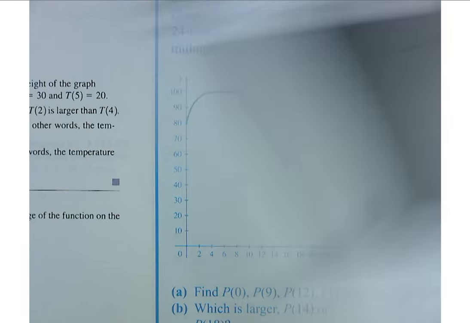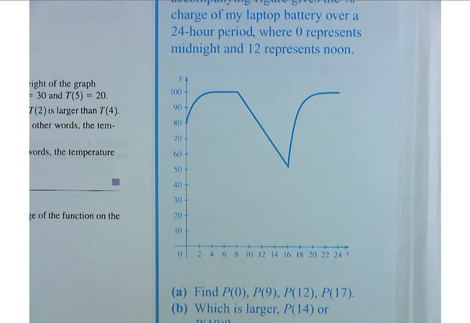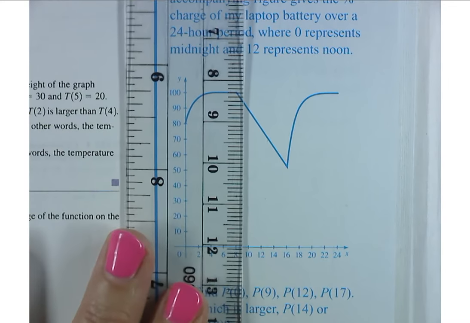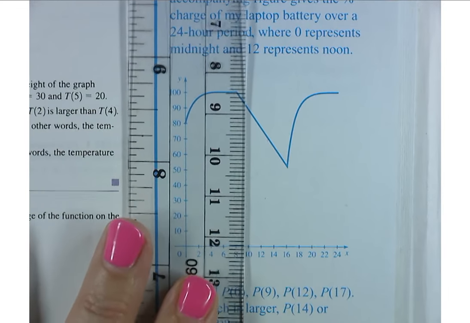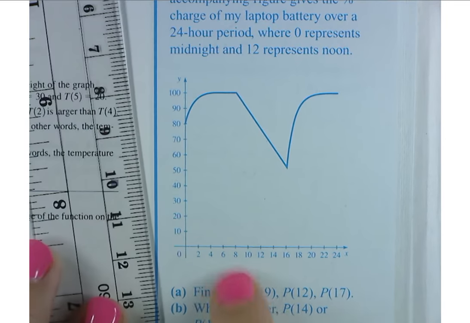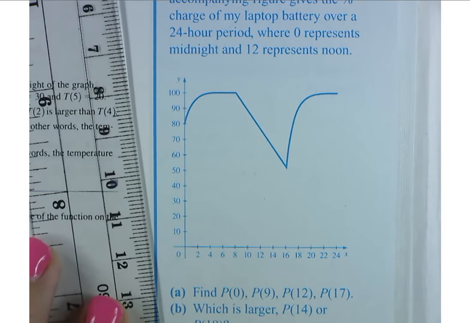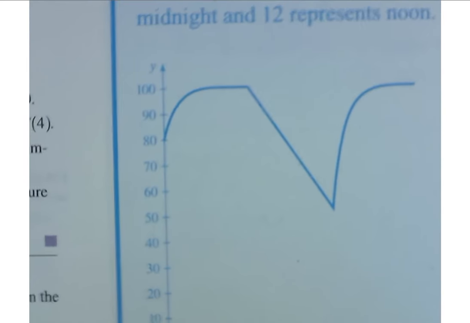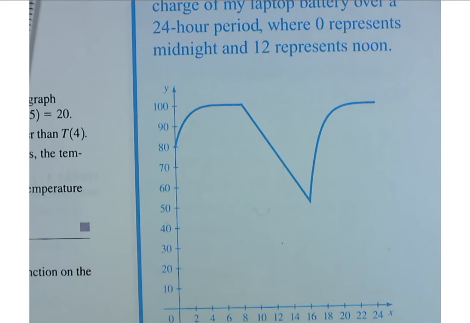Okay, and we're going to estimate these together because, like I said, I know yours is a little bit harder to read. To do this, I usually use a ruler. I'm not going to write in my book because that is a big no-no. So what I'm going to do is go to 9 on the x, and when I go to 9 on my x, I'm going to look at the corresponding y value.